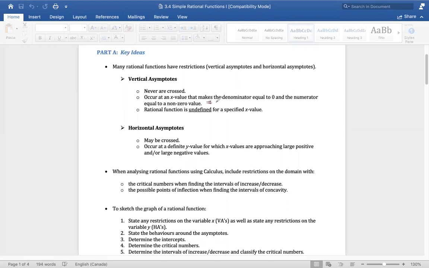A rational function is undefined there. Undefined means you would get an error on your calculator, or we would say it does not exist. That's what we mean by undefined for a specified x value, where that vertical asymptote is. That value is undefined and does not exist.